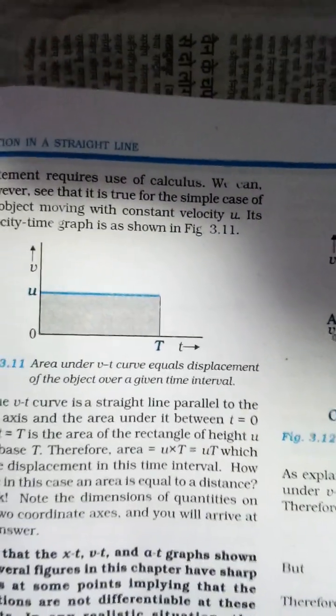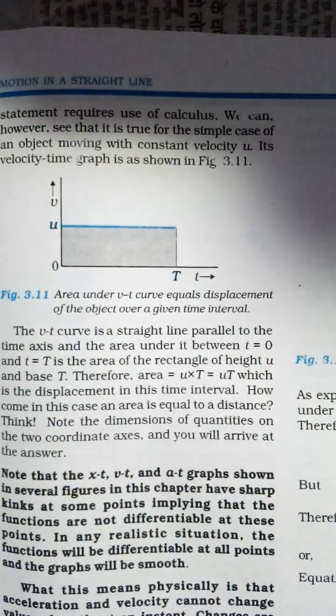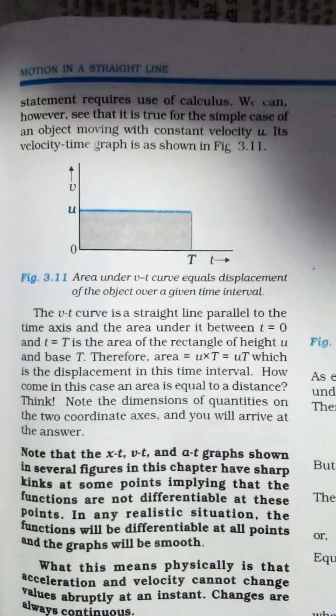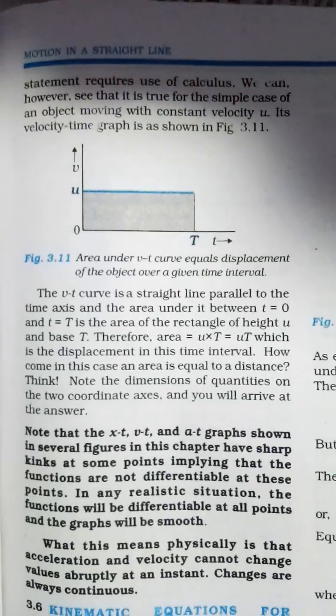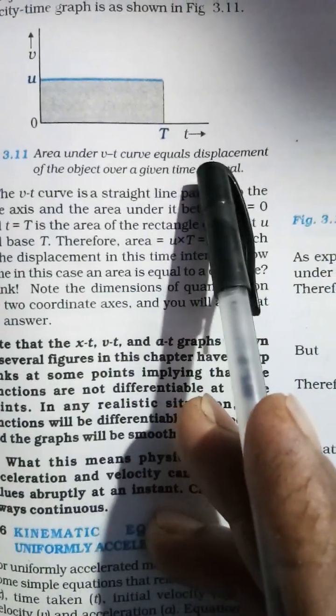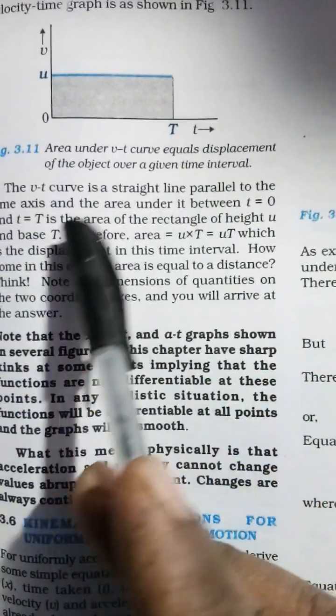We can however see that it is true for simple cases, such as an object moving with constant velocity u. Its velocity-time graph is shown in figure 3.11, and here the area under the v-t curve is equal to the displacement of the object over a given time interval.